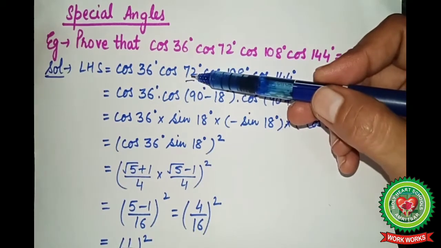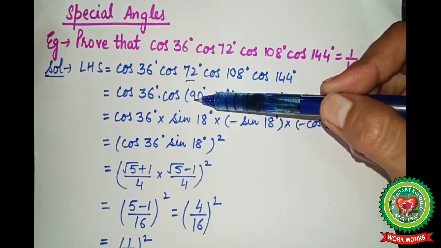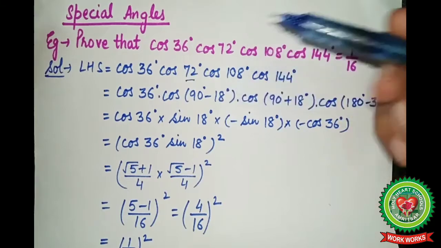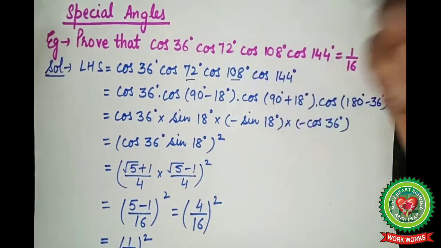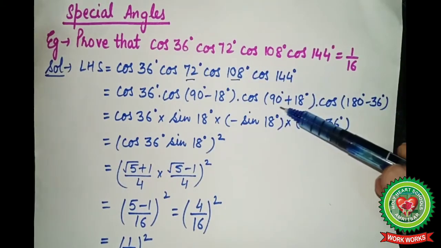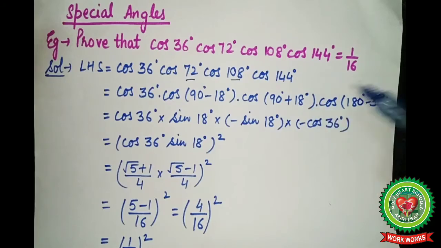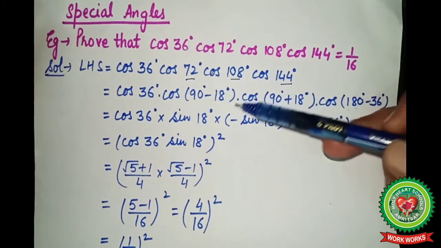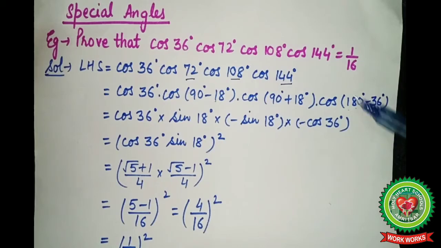So 72 degree can be written as 90 degree minus 18 degree. Similarly, 108 can be written as 90 plus 18 degree, and cos 144 is written as 180 minus 36 degree. Now these are the angle conversions.